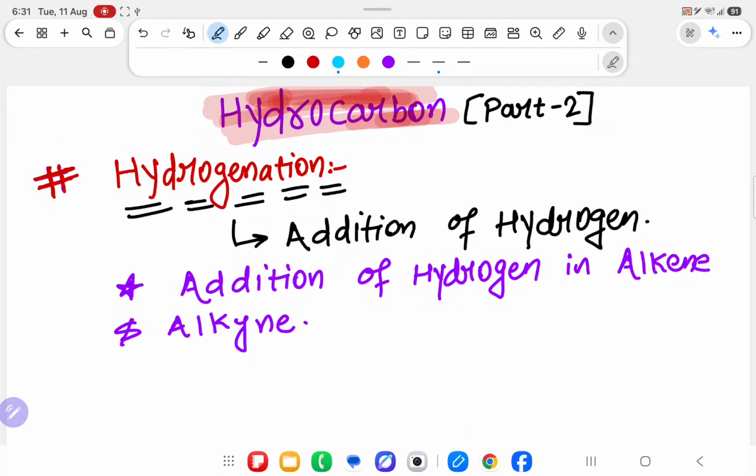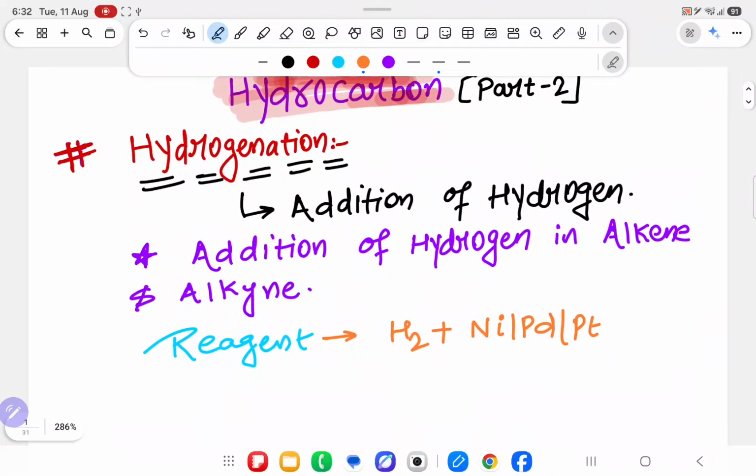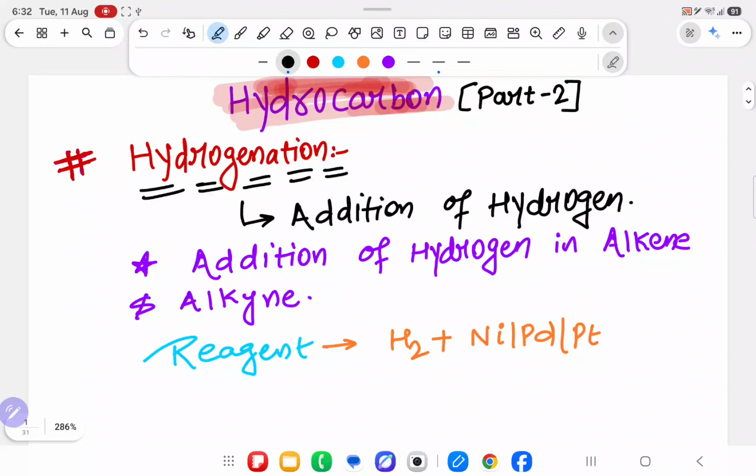In this hydrogenation topic, we will use a reagent. What will we use? Hydrogen in the presence of either nickel, palladium or platinum. We will take hydrogen in the presence of nickel, platinum and palladium.